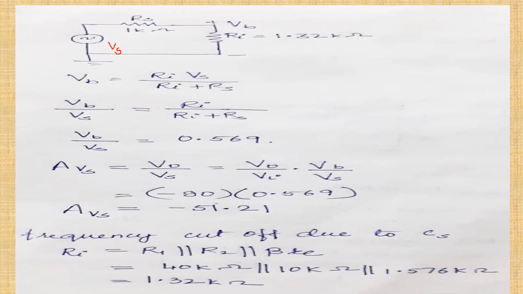This can be expressed in dB. In order to express this in dB, we take 20 log of AV to the base 10. You can do that yourself. The input resistance Ri comes out to be R1 parallel R2 parallel beta re, which is 1.32 kilo ohms, and we have already used this.